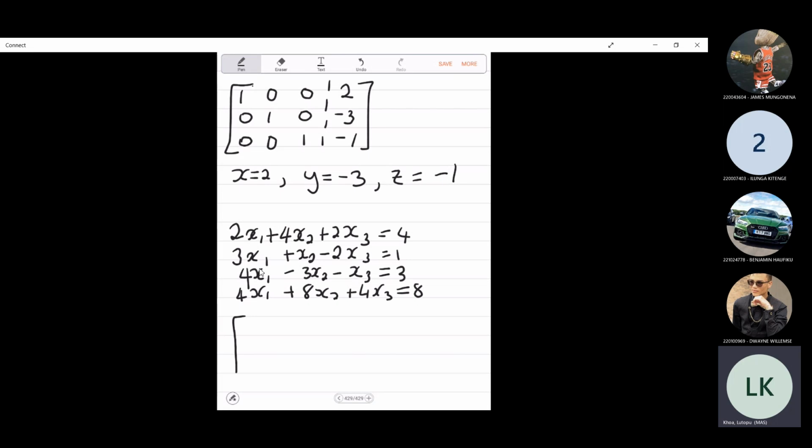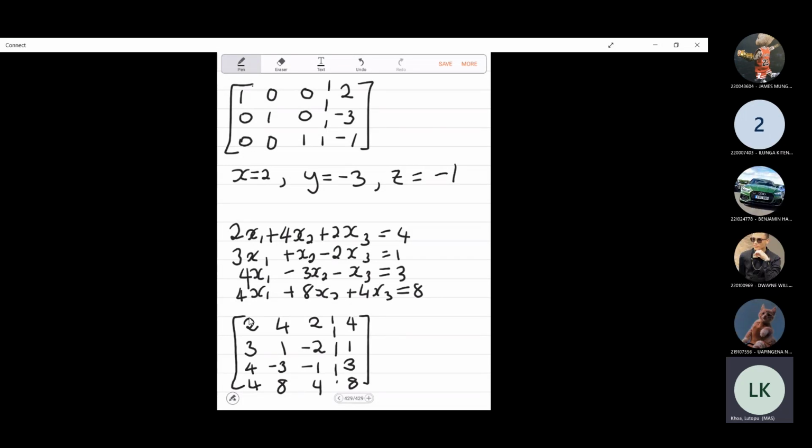This is what our augmented matrix will look like with our coefficients here, 2, 4, 2, then a 4 here. 3, 1, minus 2, 1. Then 4, minus 3, minus 1, 3, and 4, 8, 4, and then we have an 8 over here.